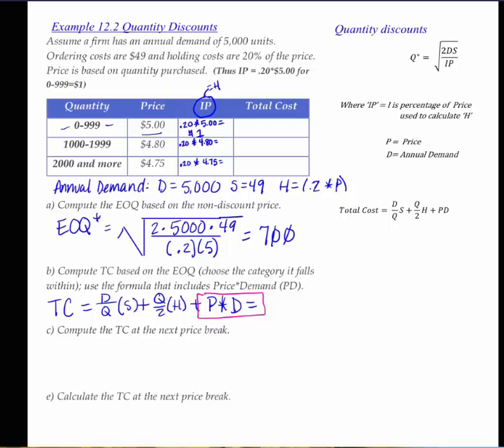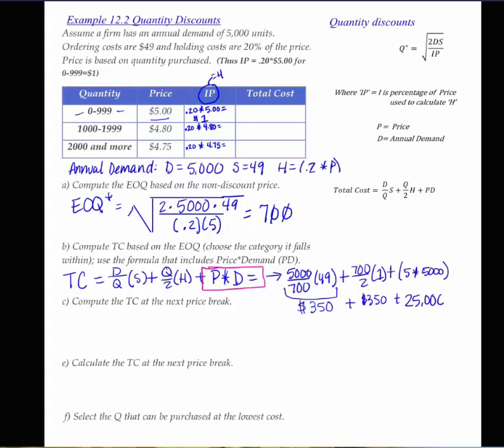So we'll just go ahead and calculate then the total cost given the highest cost items, or the $5 items. So you can see here I filled in the prices, I have filled in the various pieces of information. We have the annual demand divided by the EOQ times the shipping cost right here.